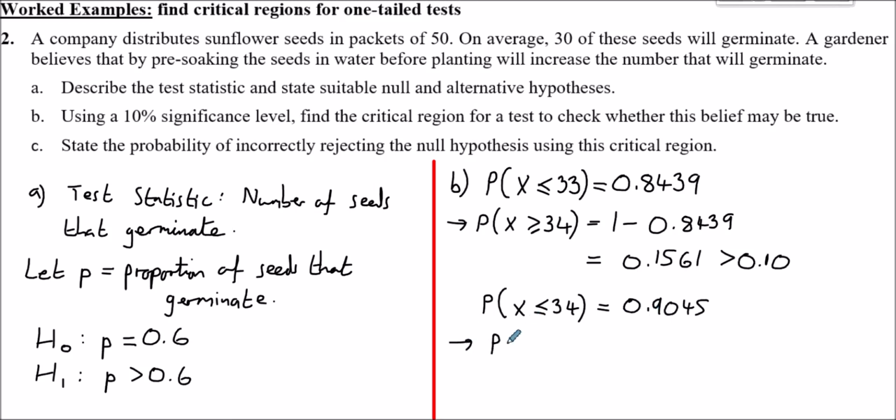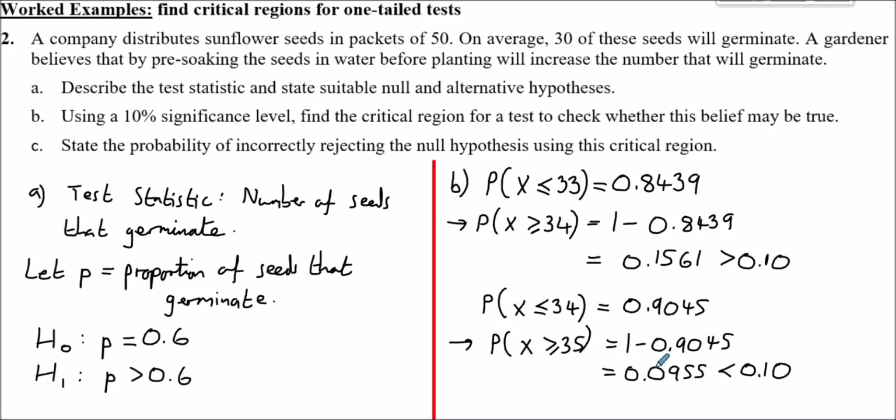Therefore, the probability of 35 or more seeds germinating will be 1 minus 0.9045, which is 0.0955. And this is now less than 10%. So this has now become critical. And so 35 must be our critical value. It's the first value which would push the probability below 10%.